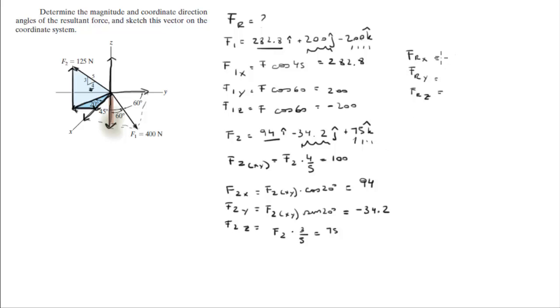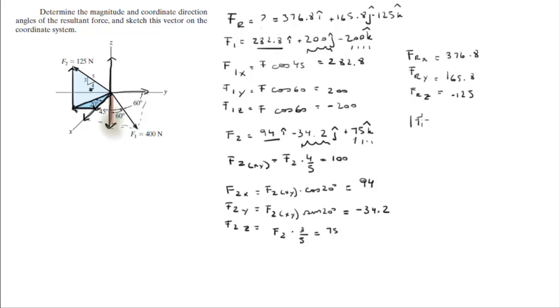And when you do, you're gonna get that F_R is equal to 376.8i, let's write it down right here, plus 165.8j minus 125k.